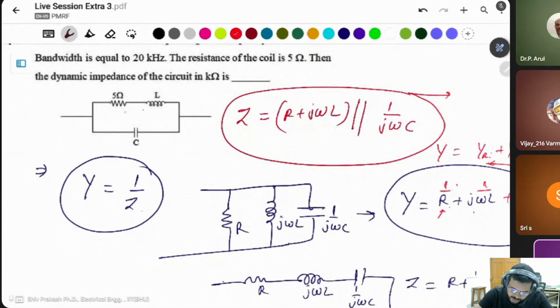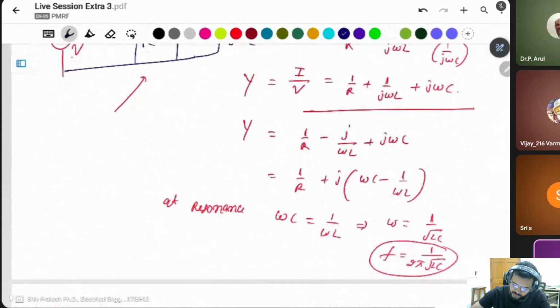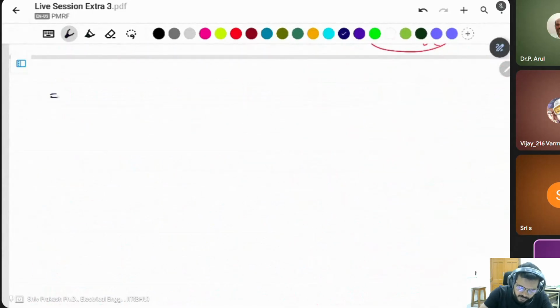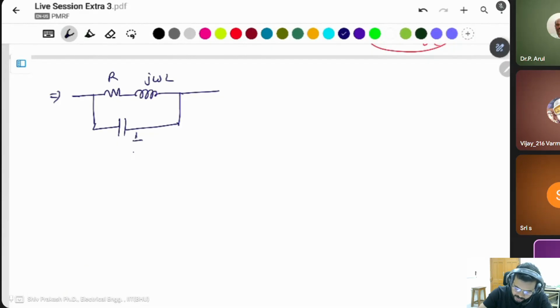Okay, like that. This circuit is RL with the C circuit. How can you find the resonance frequency in this circuit? This circuit is simply a resistance, an inductor, and a capacitor. This is R, this is J omega L, and this is 1 upon J omega C. What is the admittance of this?